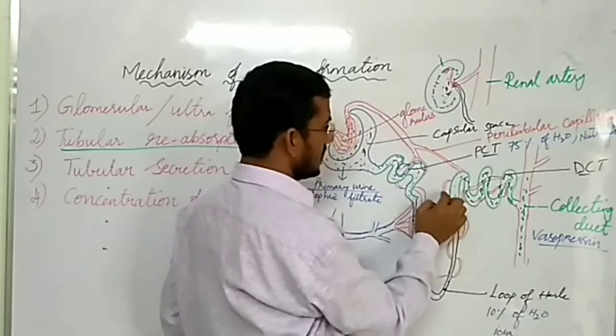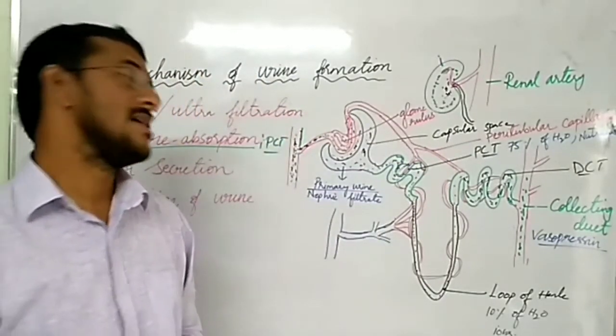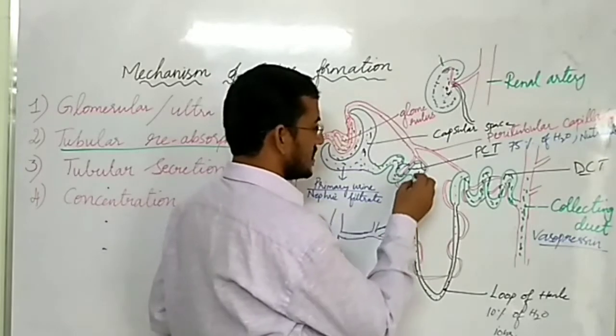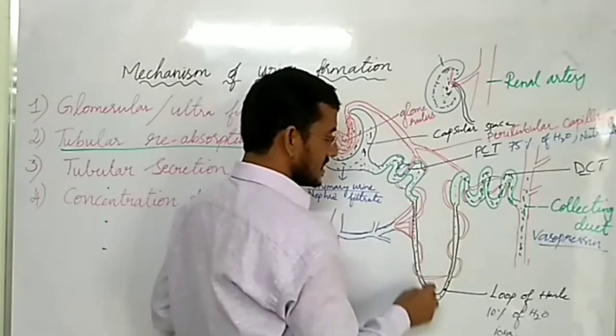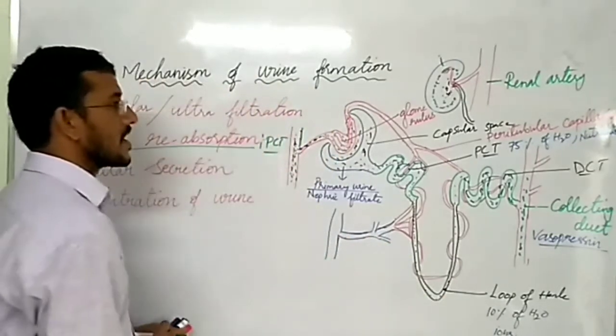These capillaries, the red ones, are the peritubular capillaries, and again from there nephric filtrate will enter into the loop of Henle. Got it?